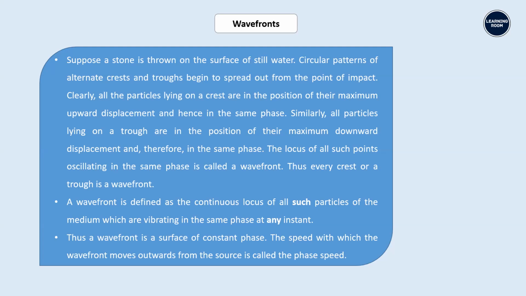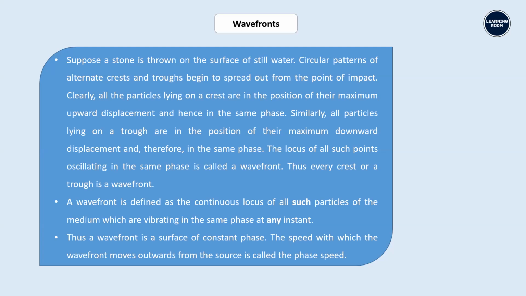How will it travel? I'm trying to compress the air particles here, which in turn expands the air particles somewhere else. So sound travels in the form of longitudinal waves, which mainly undergo compressions and rarefactions.